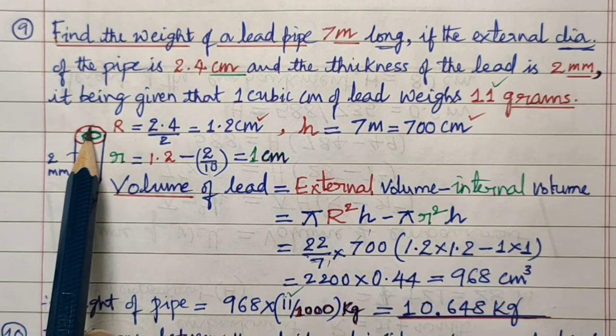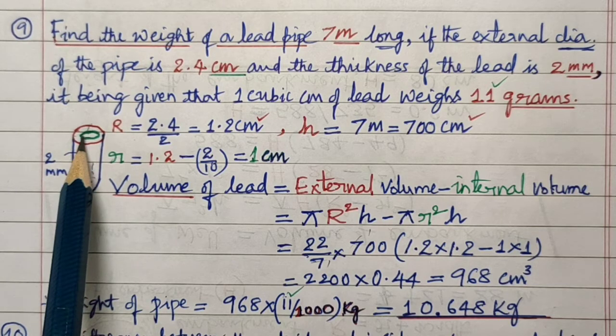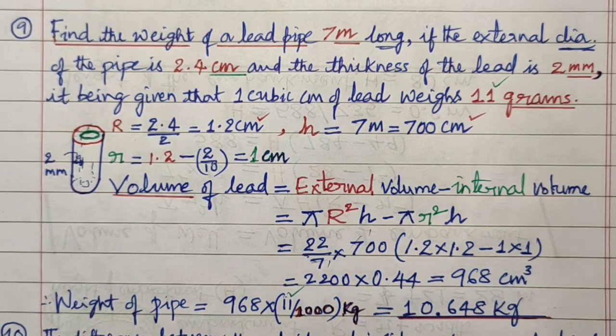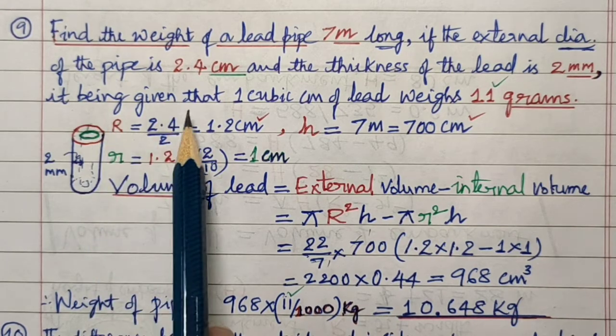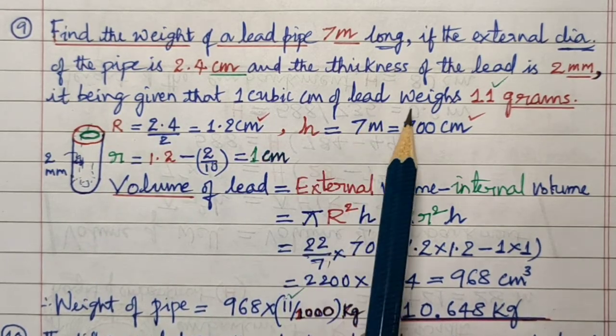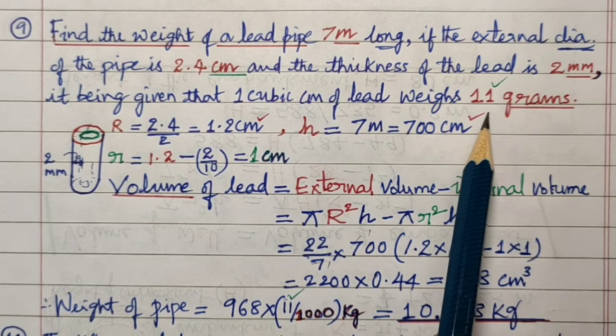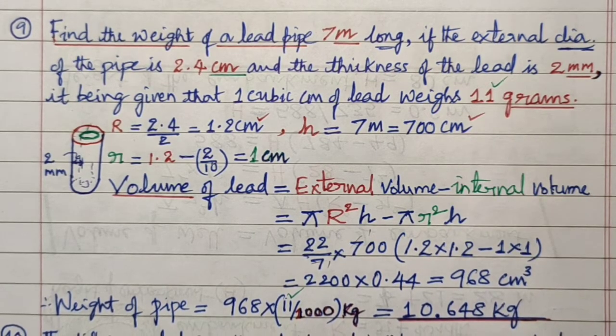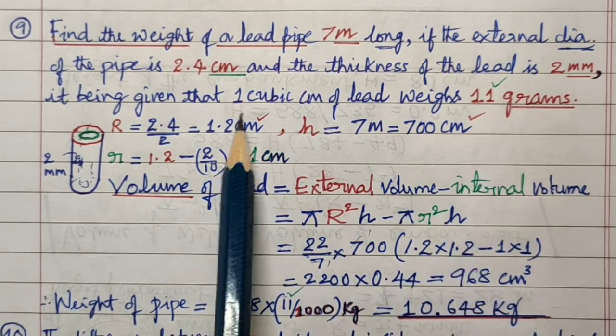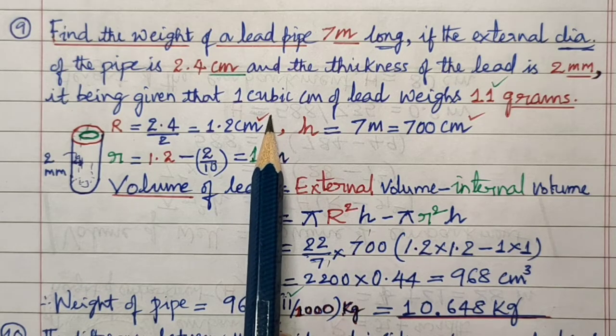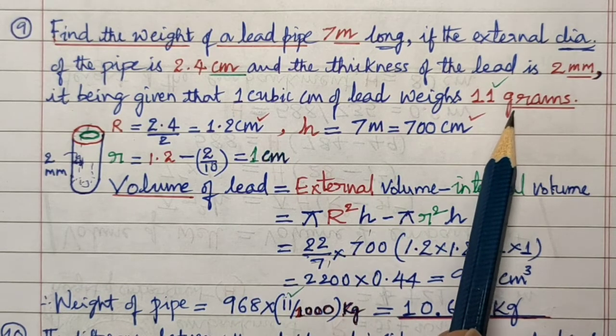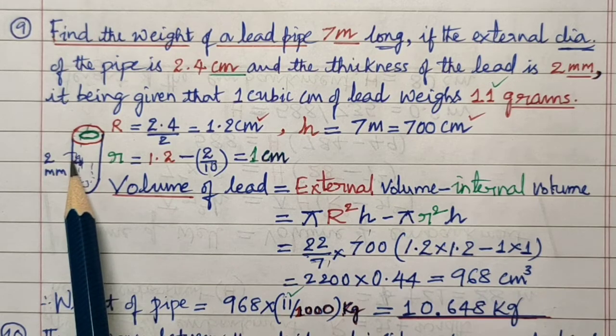This is a hollow pipe, and this is the thickness of the lead. It is given that 1 cubic centimeter of lead weighs 11 grams. We need to find the total weight of the pipe.